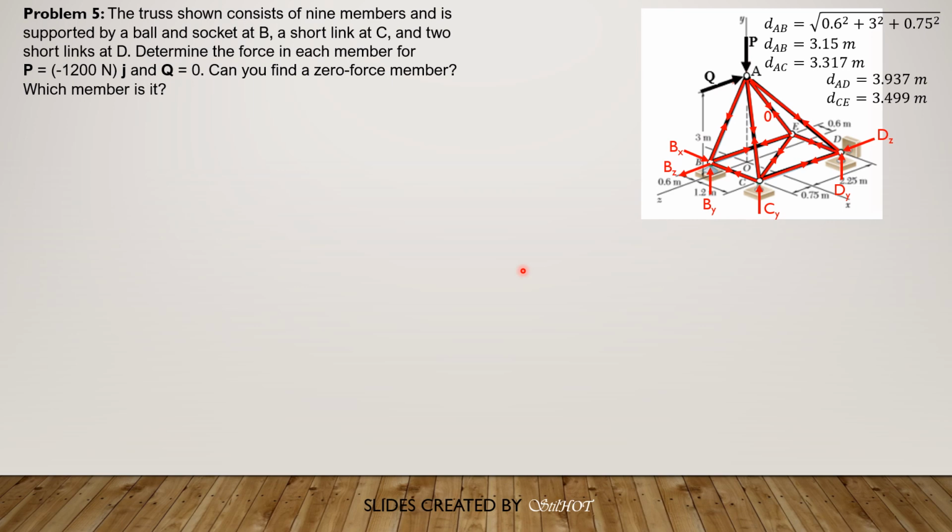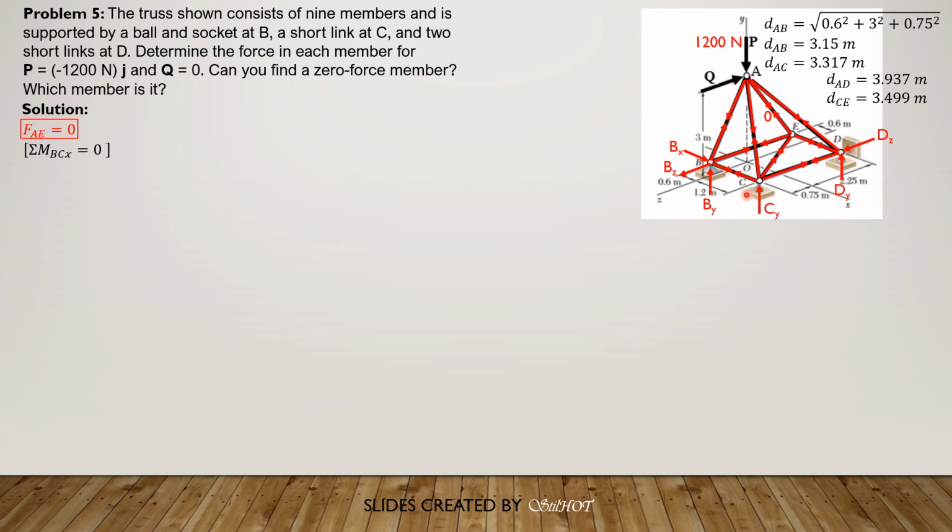Then let's compute the reactions first. Summation moment about BCX. So FAE, take note, is 0. Summation moment about BCX considering the entire system by right thumb rule. So if you use your right thumb, then Dy is positive because it is upward and it curls positively.